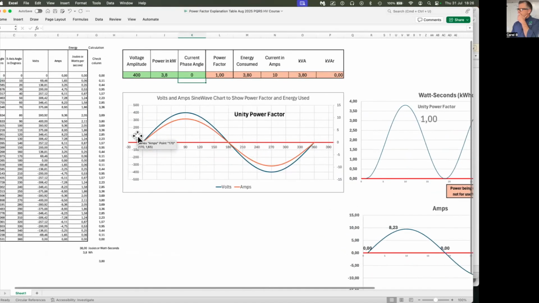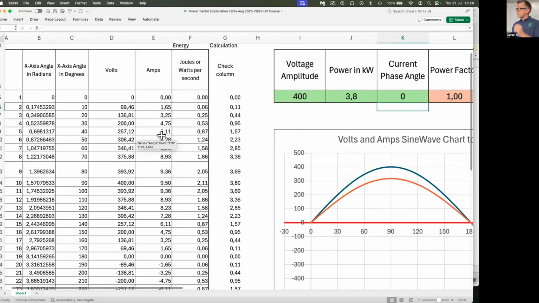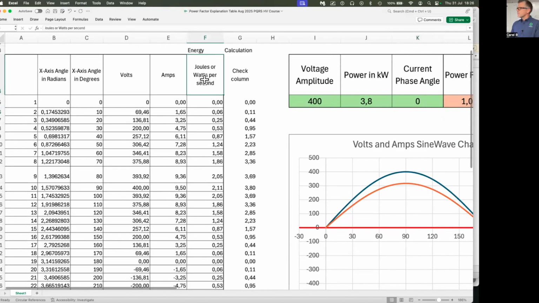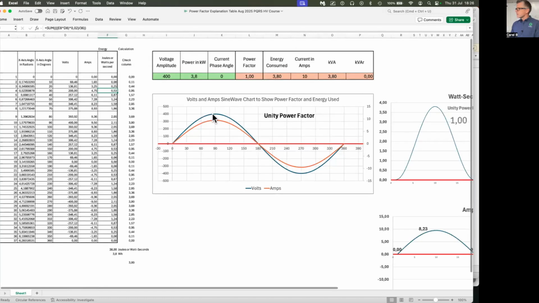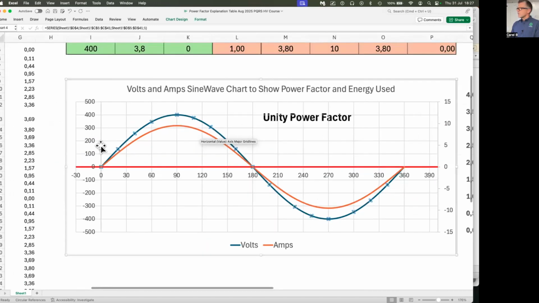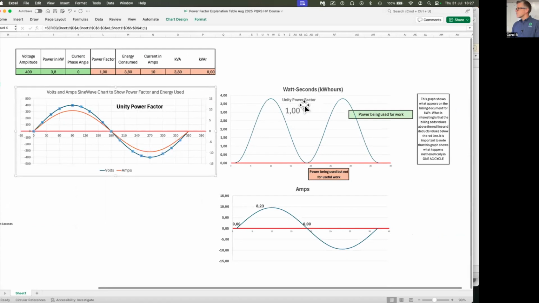So I've got this whole table on the left-hand side where we've actually calculated the amount of energy in each fraction. If I click on the graph there, we calculated the energy in each one of those fractions, and then we added it to give us this graph over here.